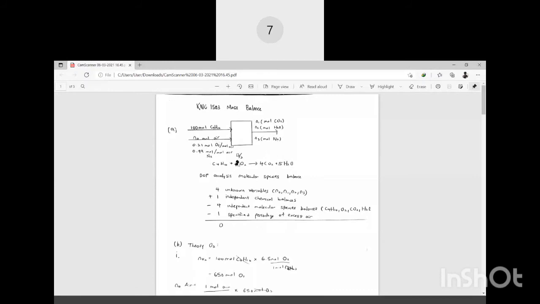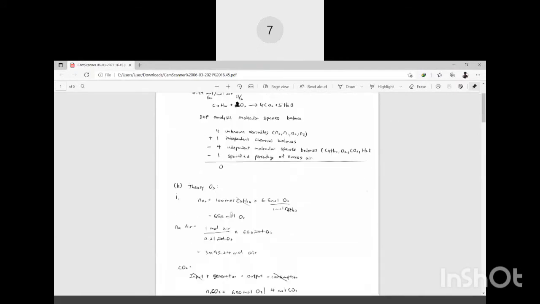So we have one independent chemical balance, which is this. I didn't include the N2 because I assume the excess air is 100%. This is actually 5. And this is 0 because the question didn't specify the percentage of excess air.